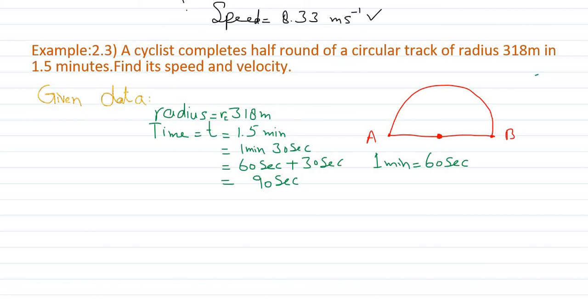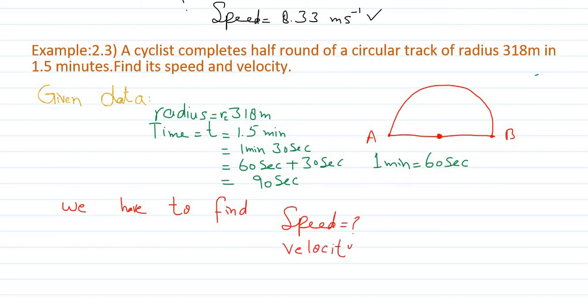Now we have to find speed and velocity, so I write here, we have to find our required data. You can write here we have to find speed and velocity.